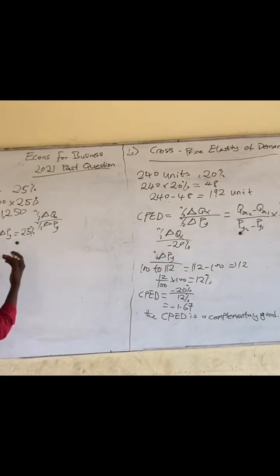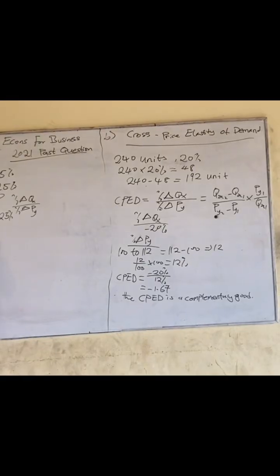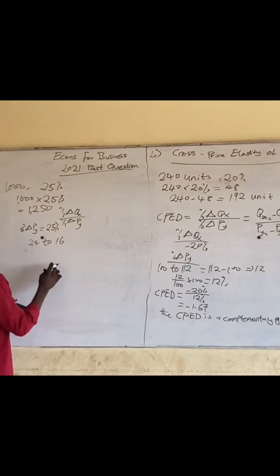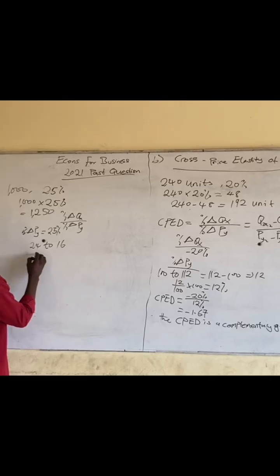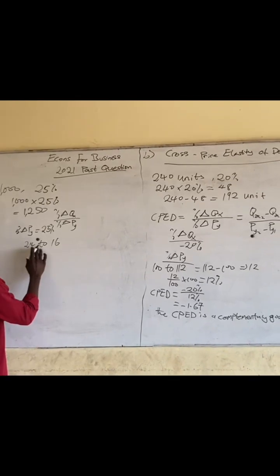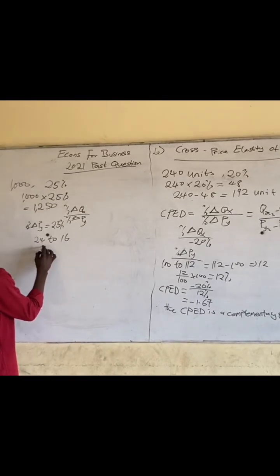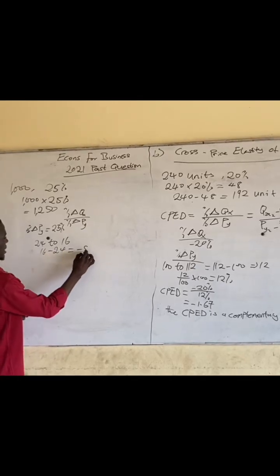Okay. So here it means that the quantity has reduced, from 24 to 16. So you subtract, which will be 16 minus 24, giving us minus 8.